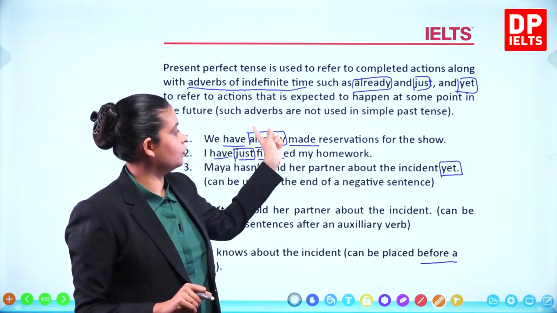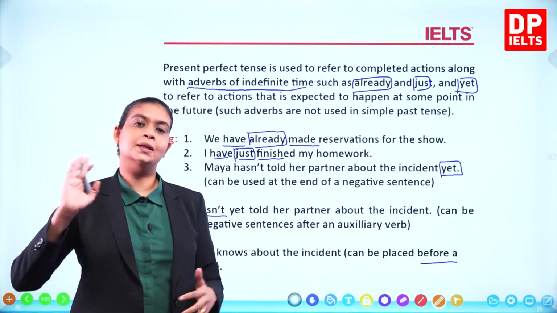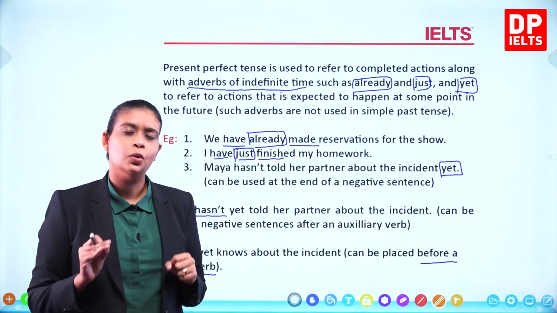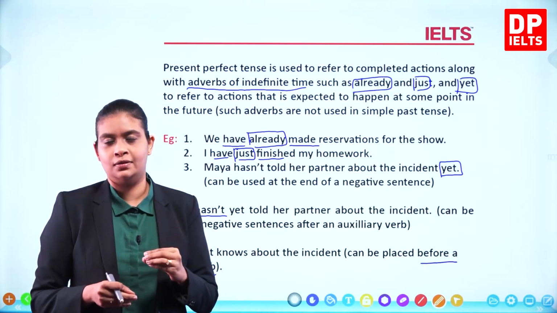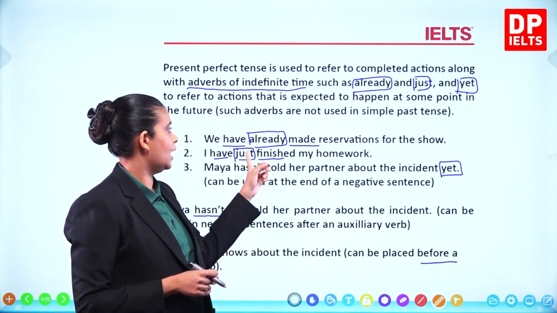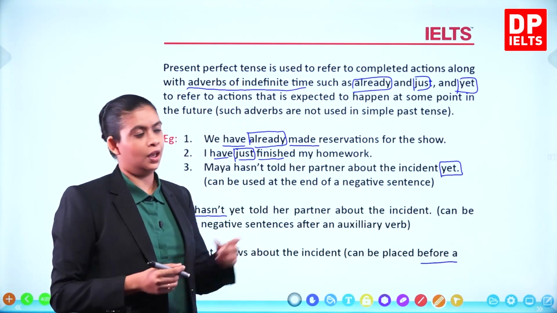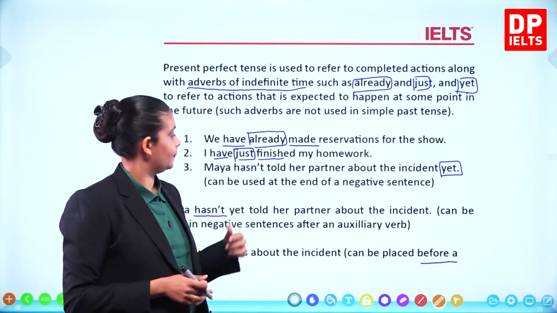We have already. So, you have done it. It's a completed action, but we don't know exactly when. When you don't know the time frame, you can use this. And if you want to use the frequency adverb, then you can put it like this.